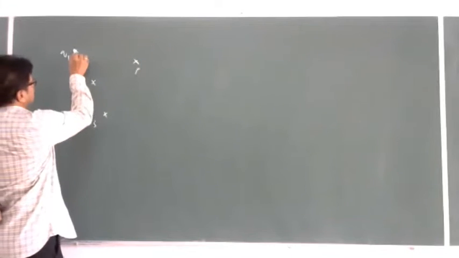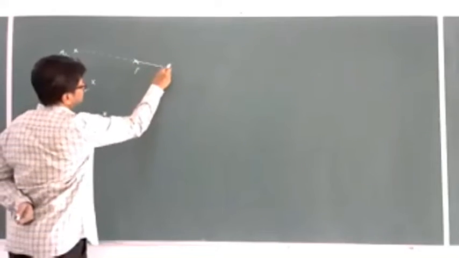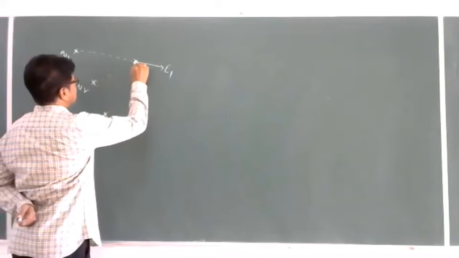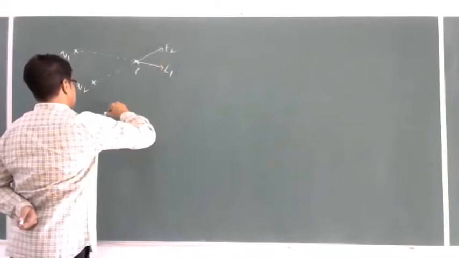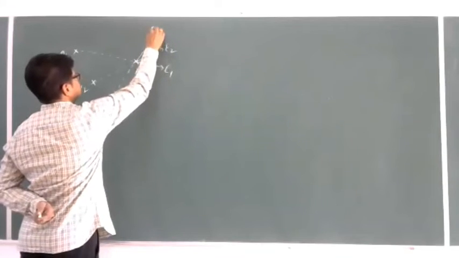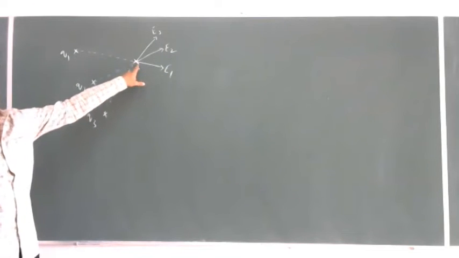Because of Q1, the electric field is E1. Because of Q2, the electric field is E2. Because of Q3, the electric field is E3. Like that, three electric fields will act at point P.